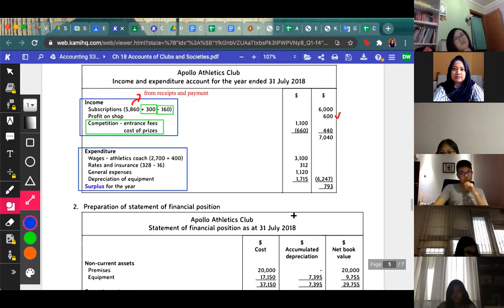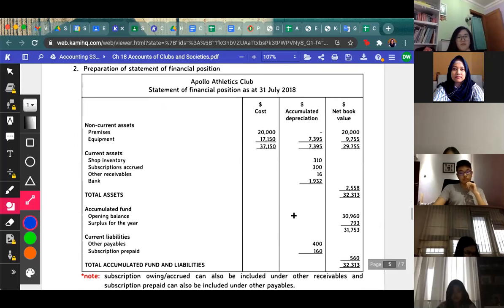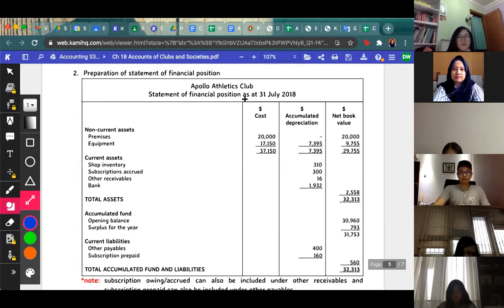Okay, next, yeah. Preparation of statement of financial position. Statement of financial position is still the same. You will start with non-current assets, then you will list the premises and equipment and all other non-current assets, if any, and then put cost, accumulated depreciation, and NBV.